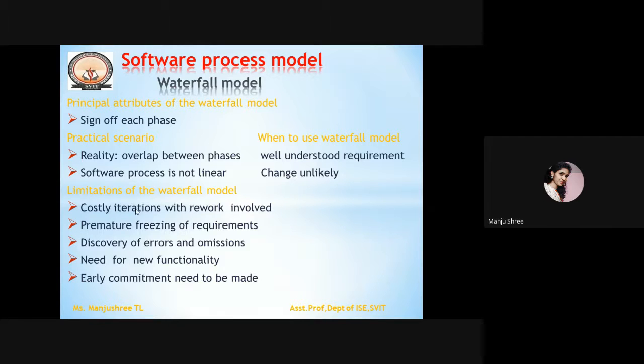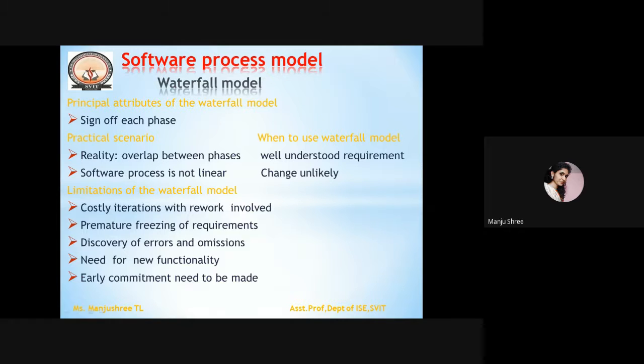One practical scenario is the reality of overlap between the phases. In practice, there is some overlap of information between the stages. During design, problems with requirements may be identified. During coding, design problems may be found, and so on.